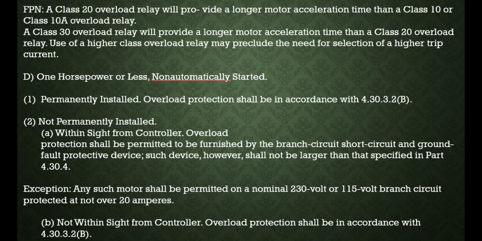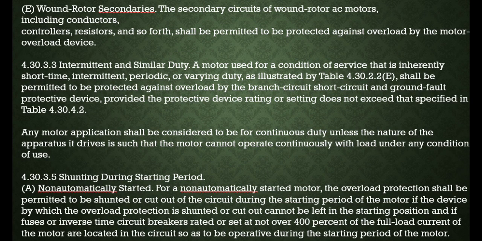If not permanently installed but within sight of the controller, protection can be from the branch circuit device not exceeding 4.30.4. And wound rotor AC motor secondary circuits can be protected against overload by the motor overload device.